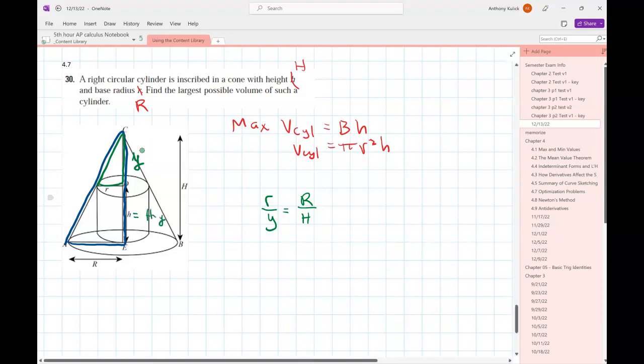How about it's cap H minus y? So which variable do I want to get this in terms of? I want to get the r by itself so I can rewrite it in terms of y.